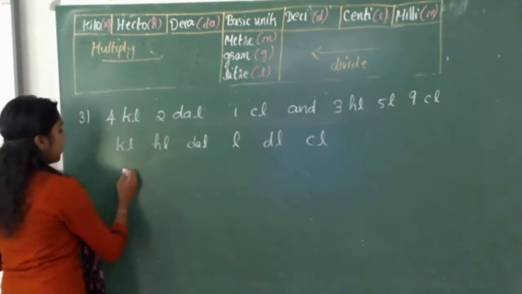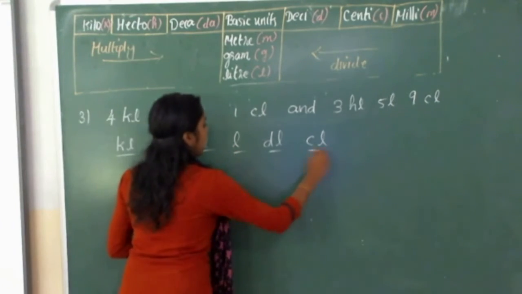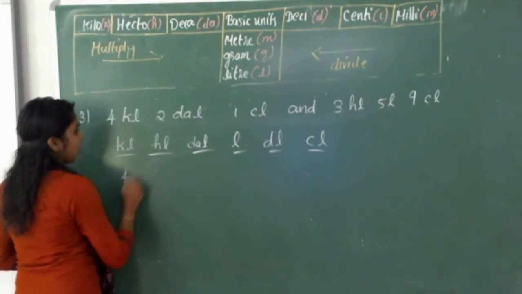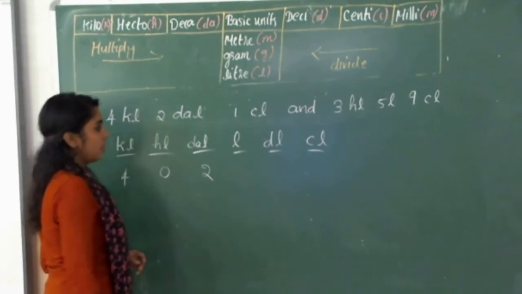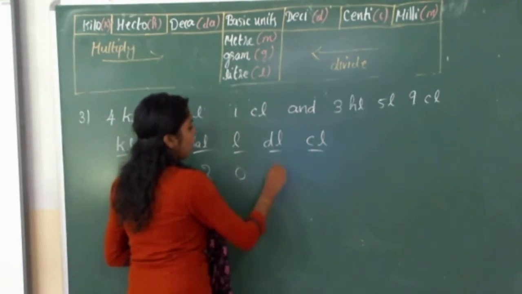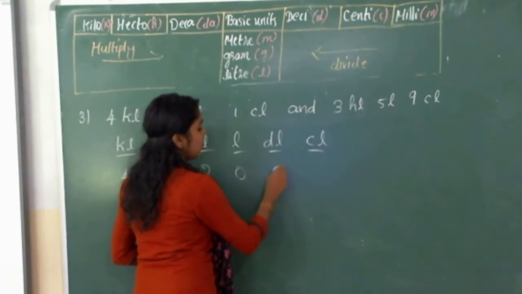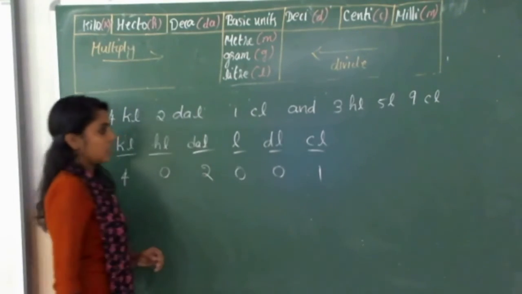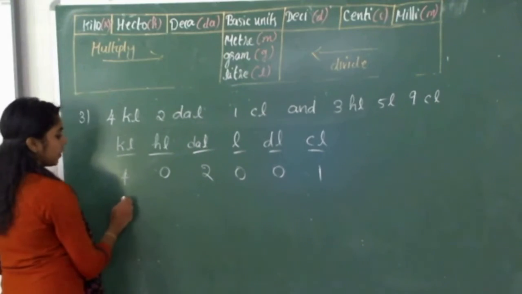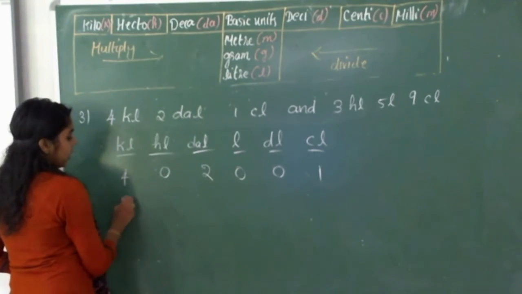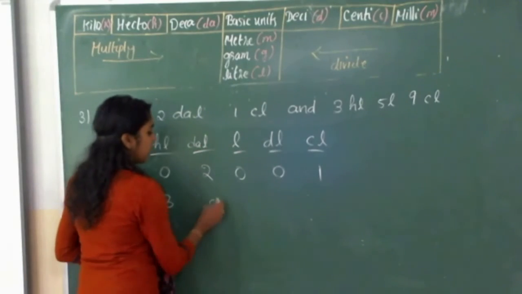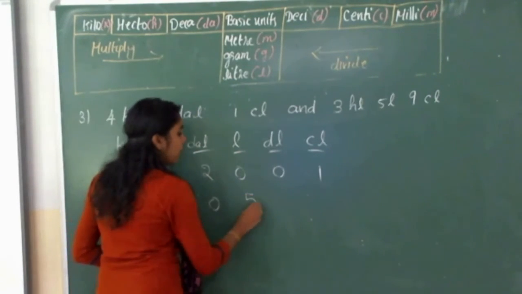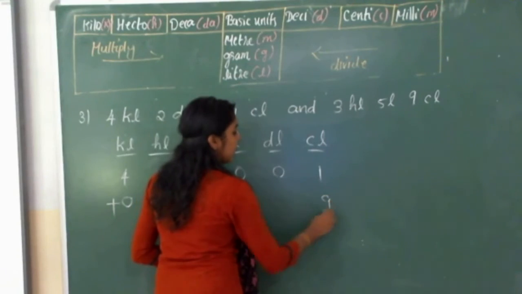Then, what's the first one? 4 kiloliter, 2 decaliter. Hectoliter is not here, means 0. Liter is not here. Deciliter also not here. 1 centiliter. Next, kiloliter is not here. 3 hectoliter. Decaliter is not here. 5 liter, 9 centiliter.